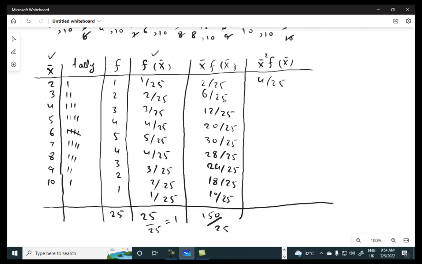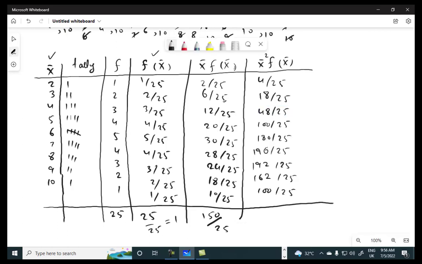If you use the first method, you get the same answer: squaring 2 gives 4, and multiplying 4 with 1 gives 4 over 25. Both methods are feasible, but I think multiplying x bar with x bar into f of x bar is easier. So, 3 into 6 is equal to 18 over 25, and you can complete the whole column.